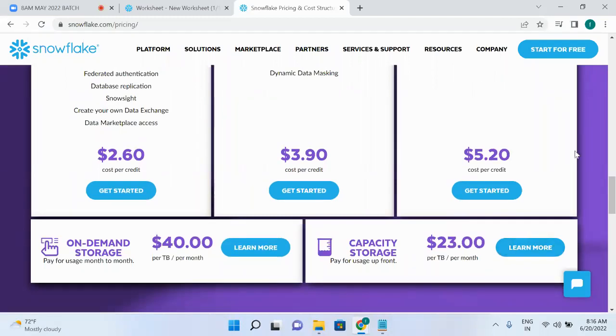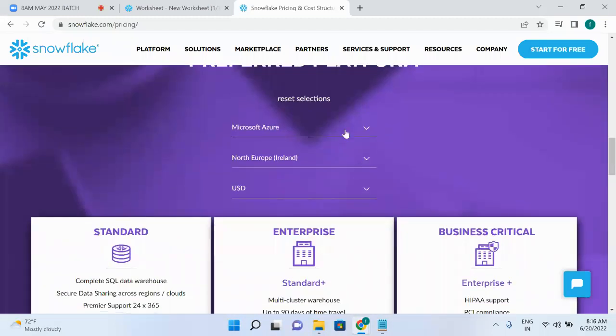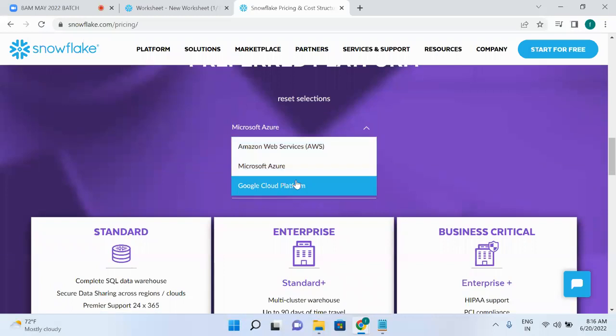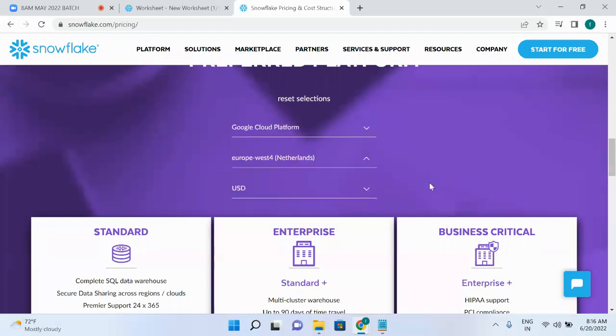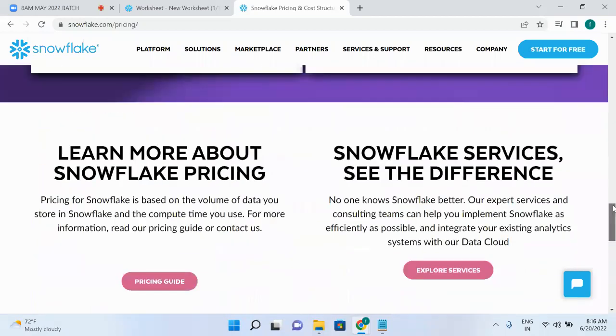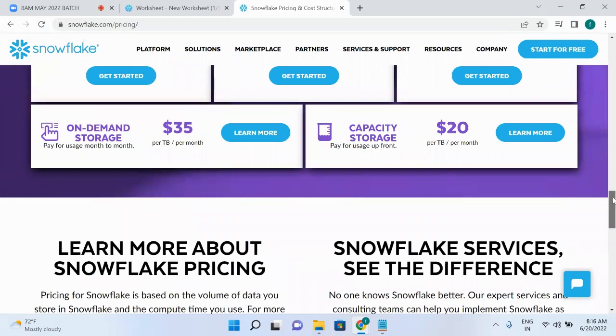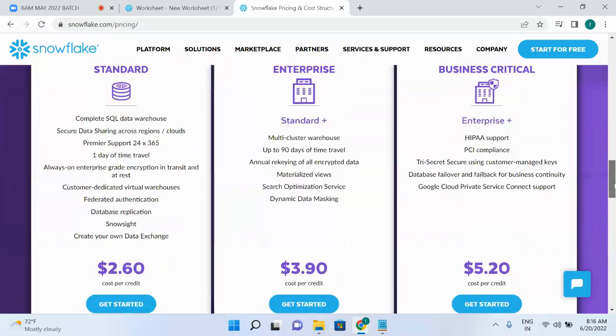There is a variation. In the same way, if you change to GCP, only 3 regions are supported by Snowflake for GCP, and these are the charges. So based on the cloud provider, and then based on the region, the charges will vary slightly.